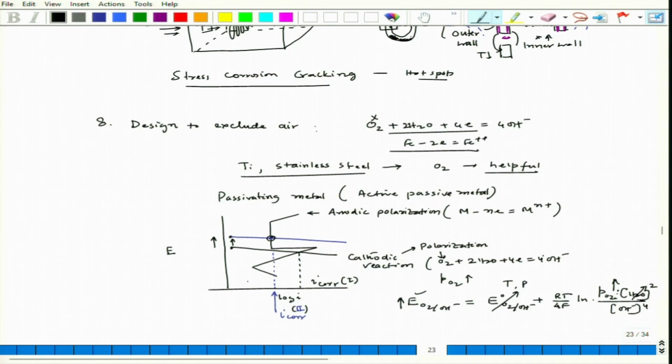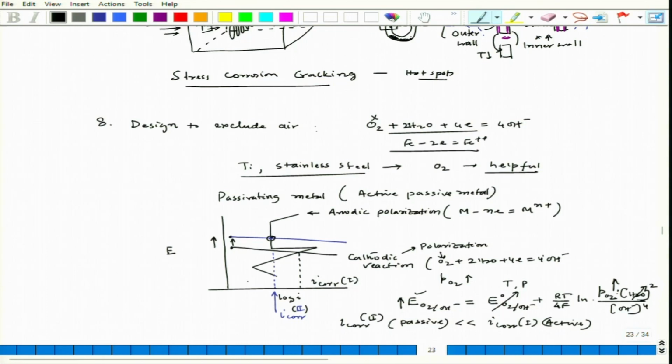And if you do polarization behavior, you will see the typical polarization behavior in the first case, and here another information is I cor. In the second case, which is a passive range, passive, it's much less than I cor type 1 or the case 1, which is active. So, this way you can actually improve the corrosion resistance of those materials which are active passive behavior.